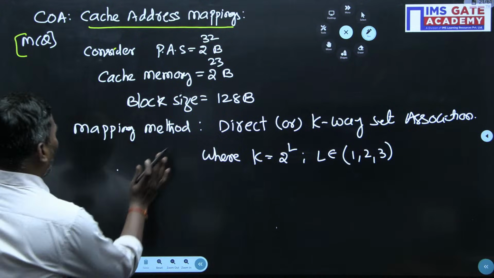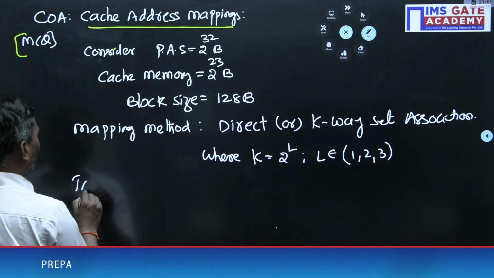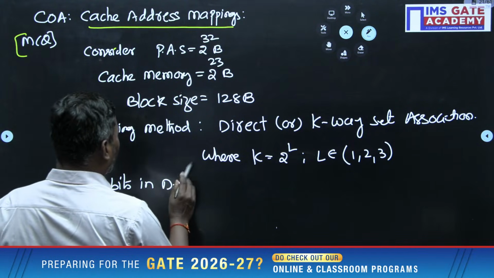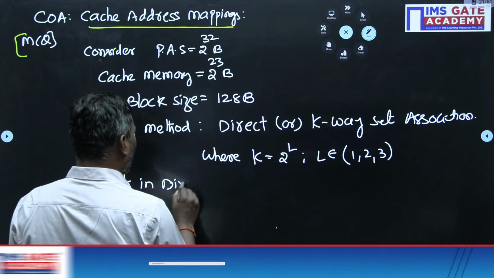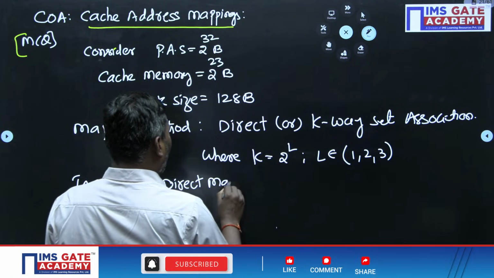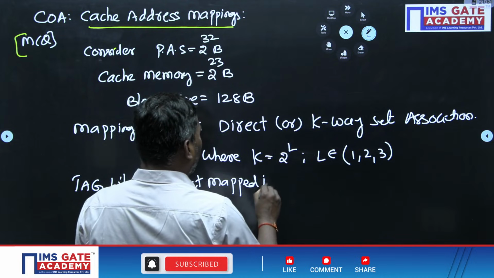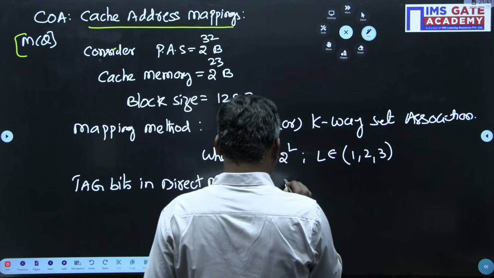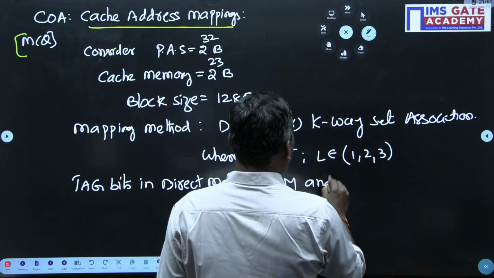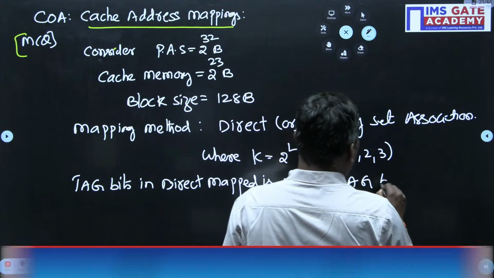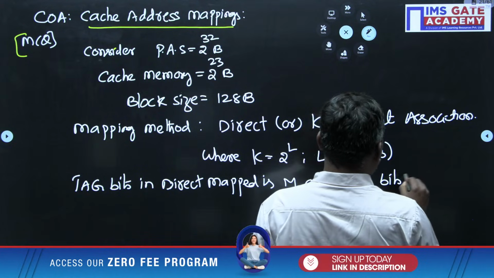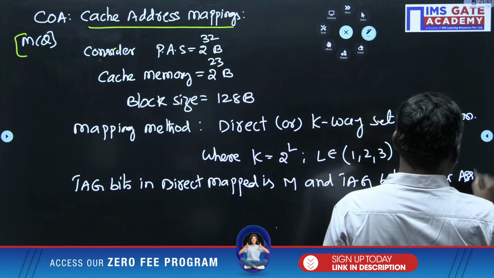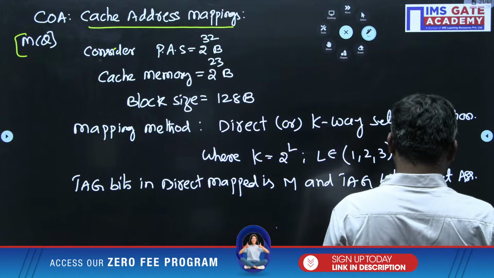Now tag bits. The tag bits in direct mapped is denoted by m, and the tag bits in set associative is n bits.